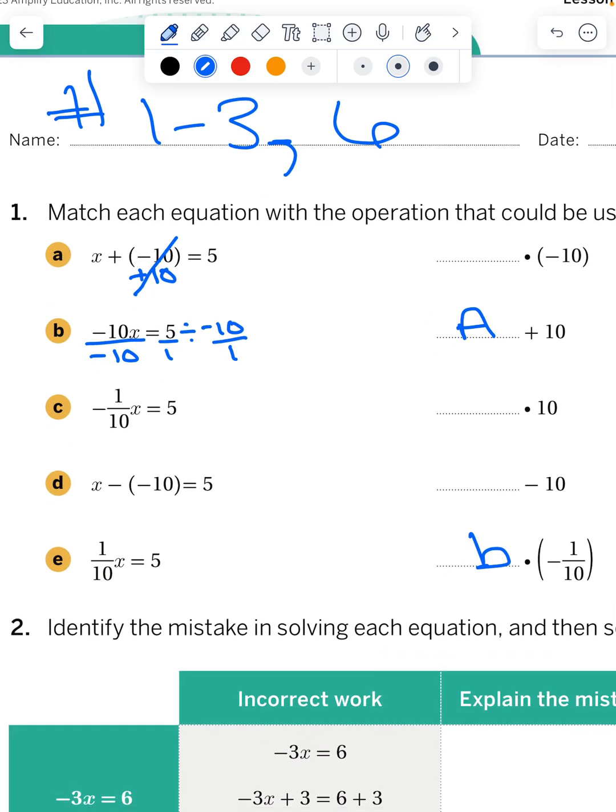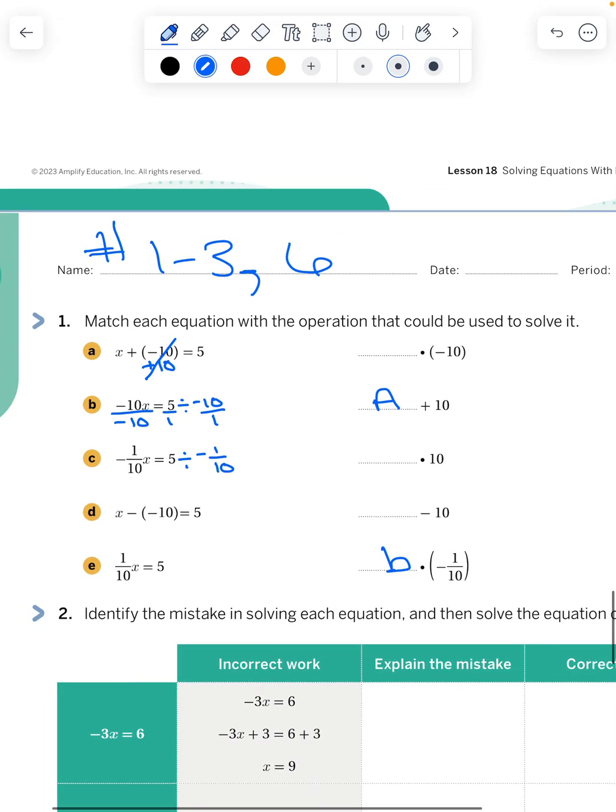On C, a negative 1/10 times x, the inverse is to divide both sides by a negative 1/10. Again, we don't divide fractions, we keep it, switch it, flip it. So that would be 5 times a negative 10 when you do the inverse operation. D, I see a double negative. So this is saying x plus 10.